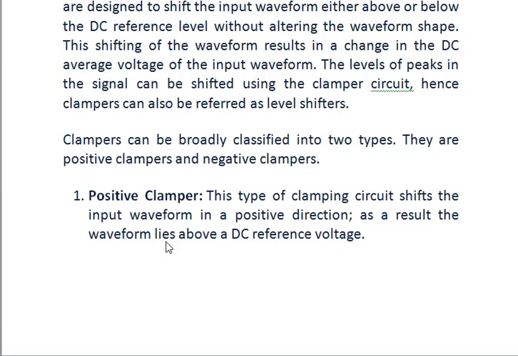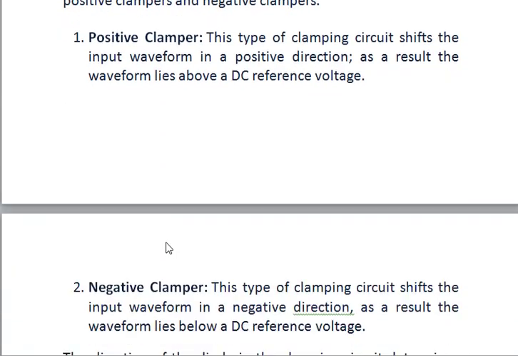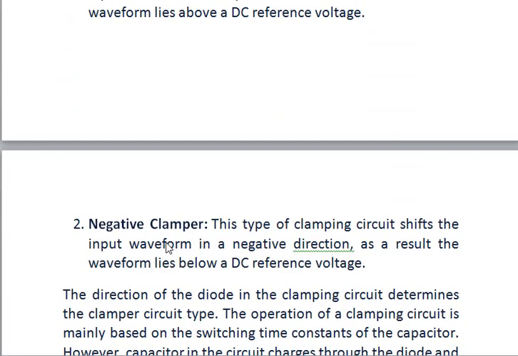As a result, the input waveform lies above a DC reference level when it comes to the output. Okay, what is a negative clamper? This type of clamping circuit shifts the input waveform in a negative direction. As a result, the waveform lies below a DC reference voltage.